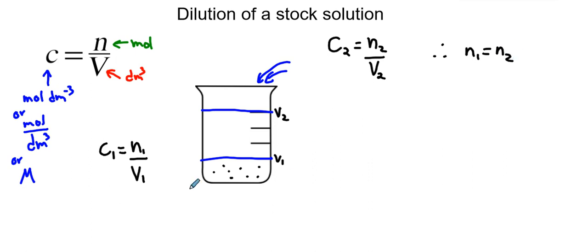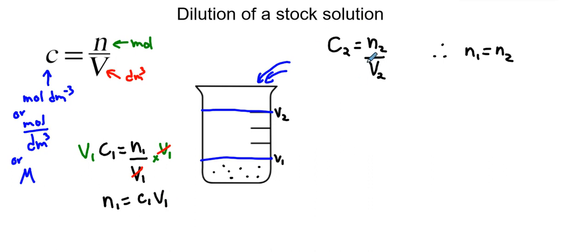Well, this allows us to rearrange both of these formulas. So I can rearrange this equation for N1, and I can do that by multiplying both sides by V1. That will get rid of the V1 on this side, and I'll get that N1 is equal to C1 V1.